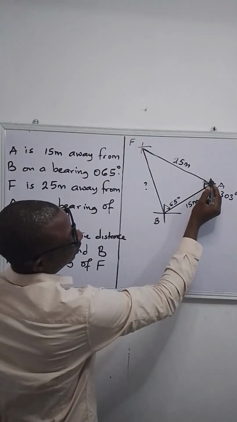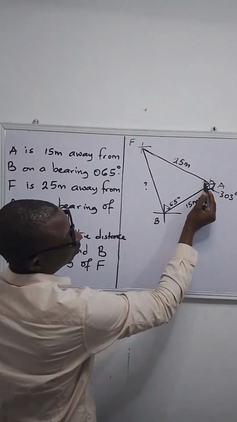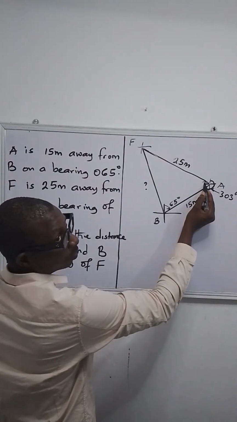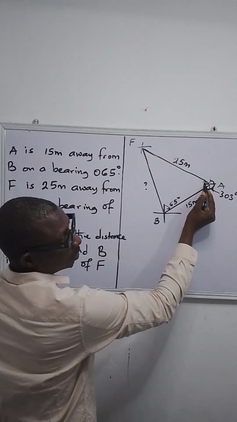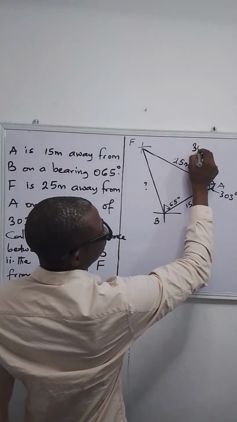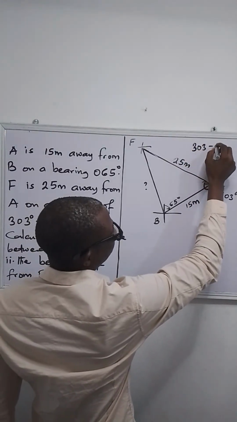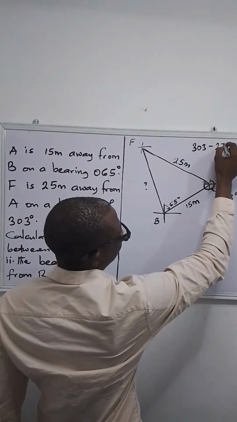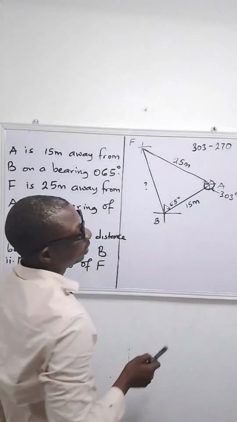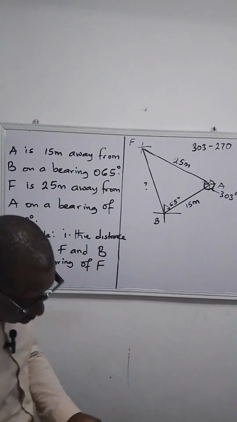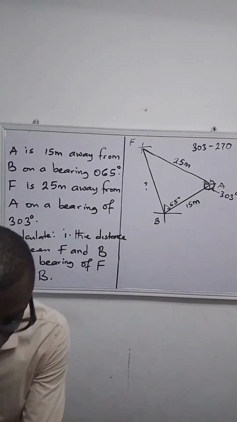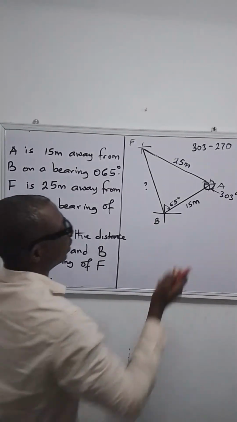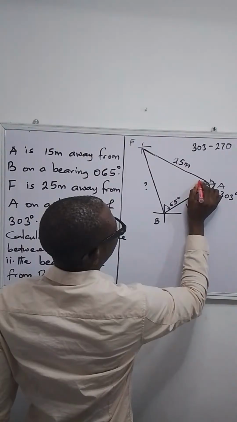But from north down to west is 270. So all we need to do is say 303 minus 270, and that gives us 33. So the small angle here is 33.